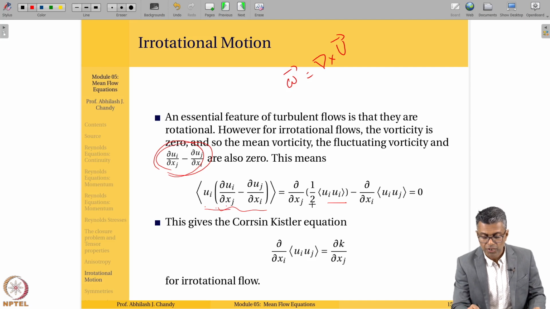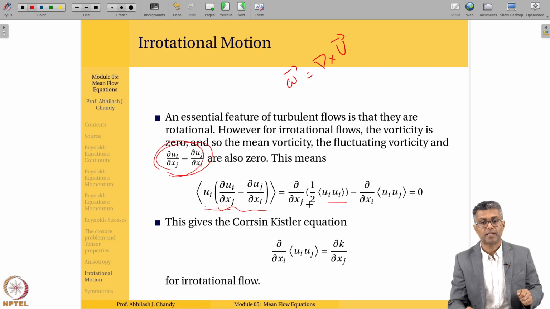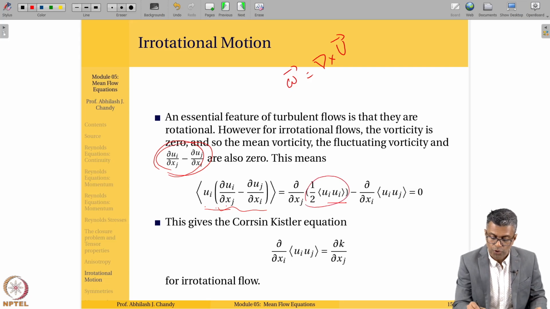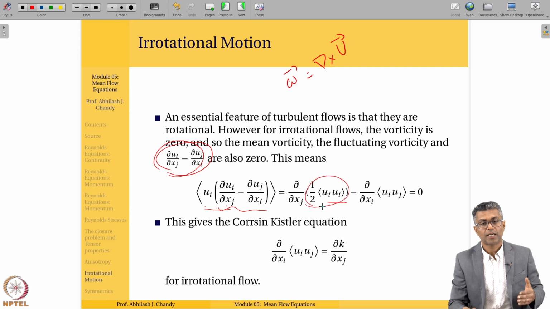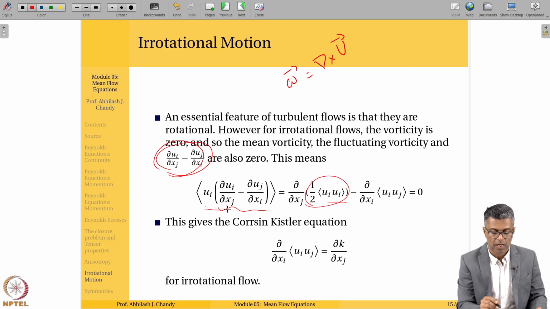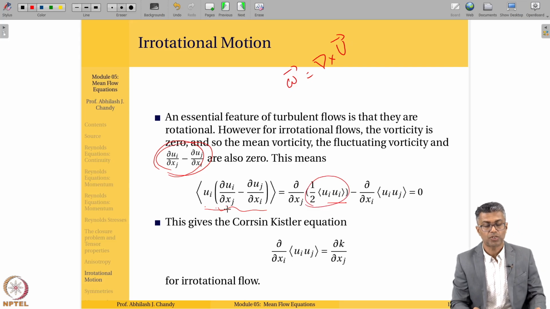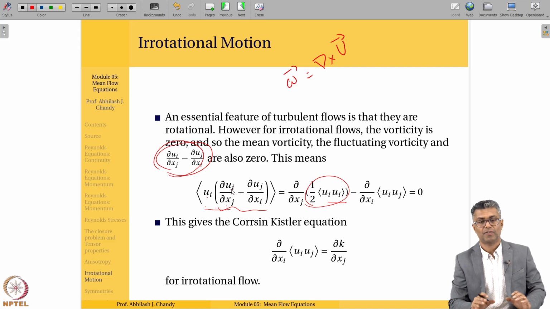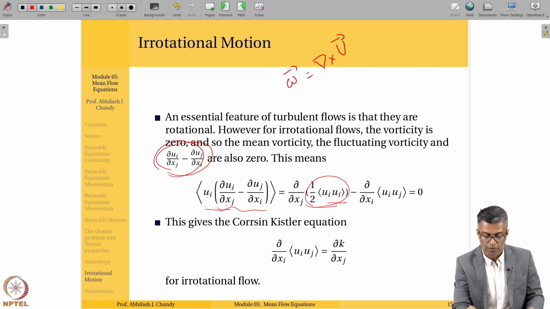If I just put a half there, that would tell me that if I just take a derivative of ui ui over 2, that would be the same as ui times del ui over del xj. And so all I'm doing is I'm taking the ui inside this derivative. That is all I'm doing, and I write it in this form.